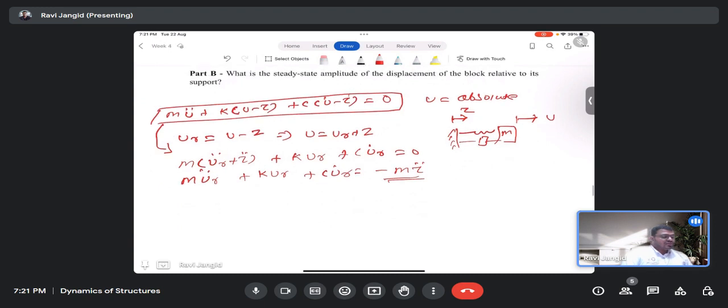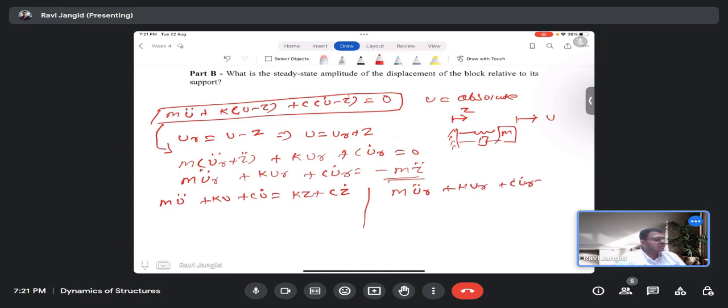So in the absolute and the relative, what is the difference? My differential equation is m u double dot plus k u plus c u dot equals k z plus c z dot, and in the relative, m ur double dot plus k ur plus c ur dot is minus m z double dot. That is the difference.